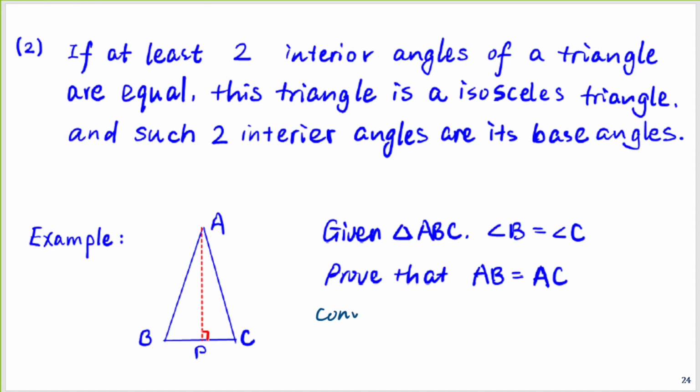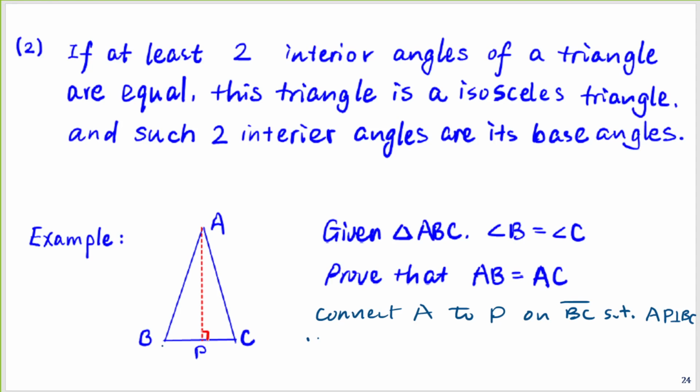Again, we can connect A to P on section BC such that AP is perpendicular to BC, right? This is also doable because by crossing a point that is outside the line, you can actually draw a perpendicular line to the given line BC, right?